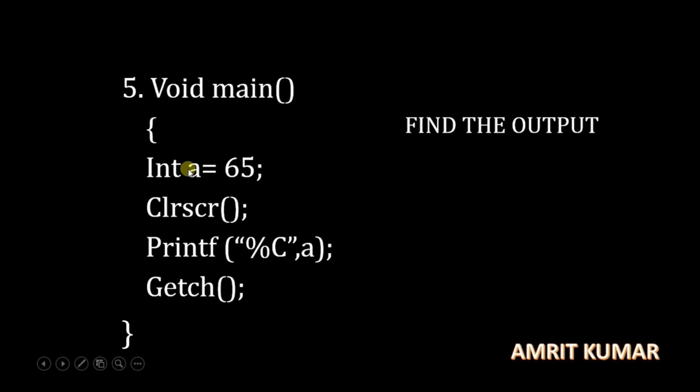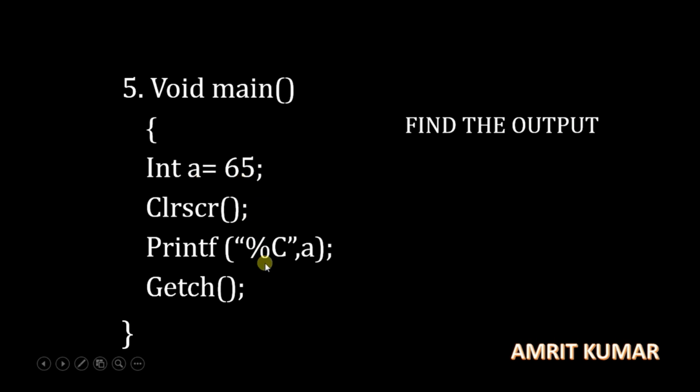So if a contains the value 65, then what should be the value of %c? If I replace this with %d, then a will be 65. But what will be the value of %c here? Because we are using a different format specifier.